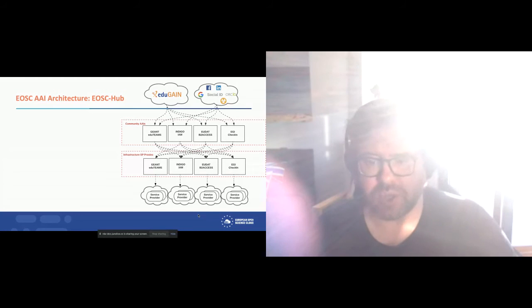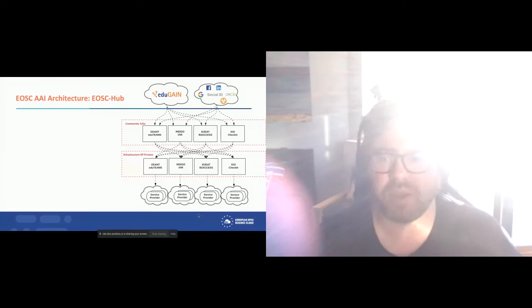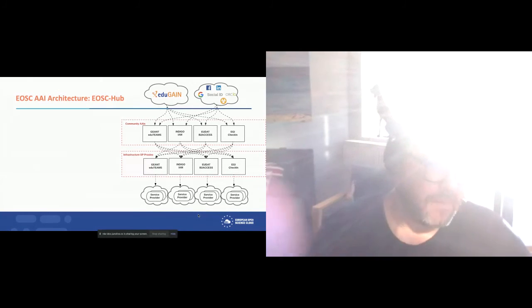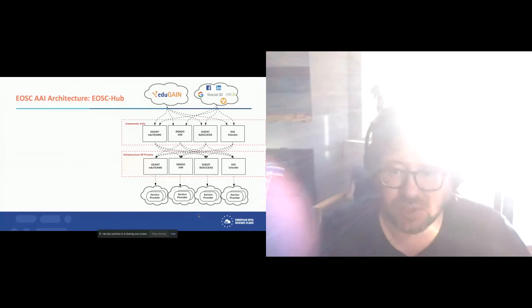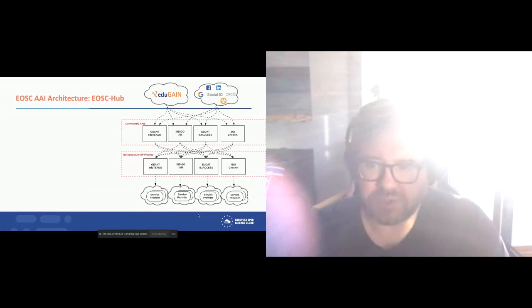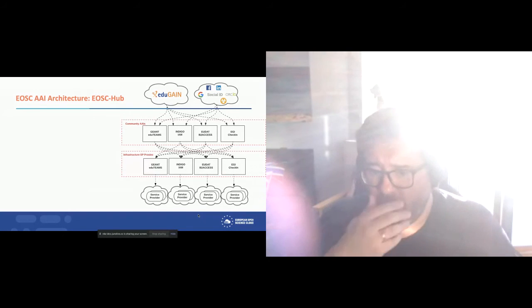In the context of EOSC Hub, we had taken the AARC pattern, and basically what we had done is use that in order to enable the federated access and interoperability between the 4 major infrastructures in Europe. So that is GÉANT with the eduTEAMS solution, INDIGO with the IAM solution, EUDAT with the B2ACCESS solution, and EGI with the Check-in solution.